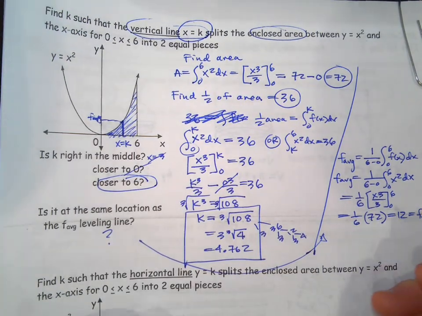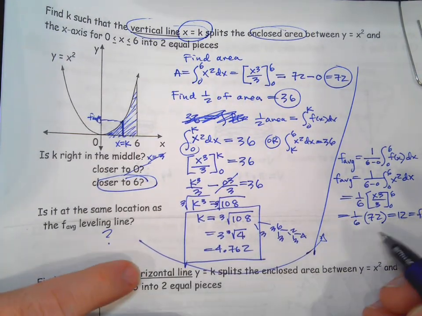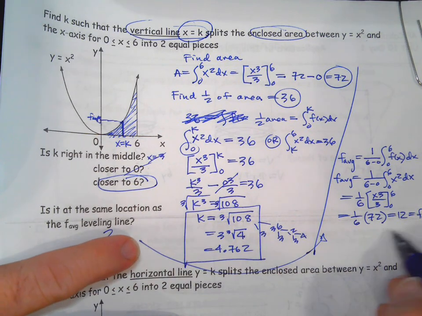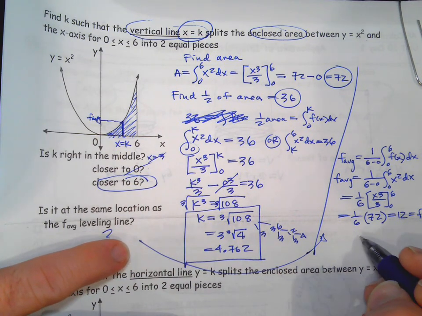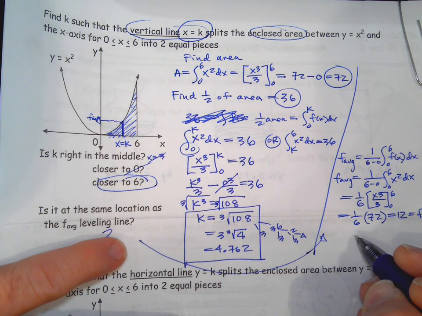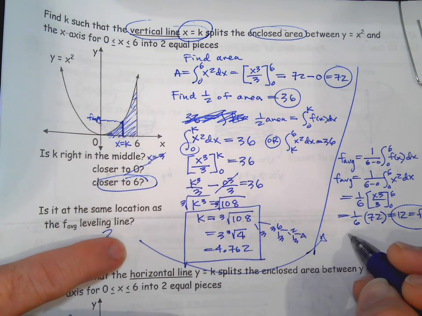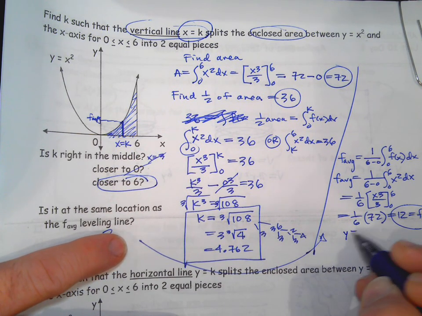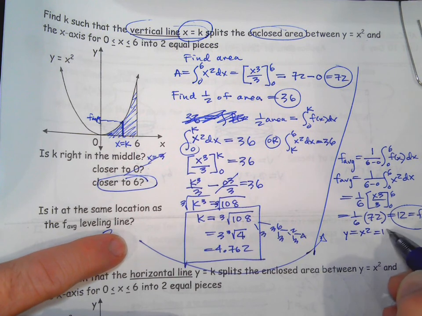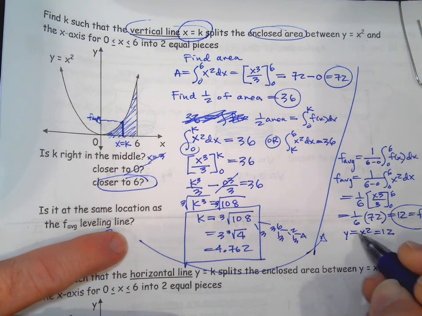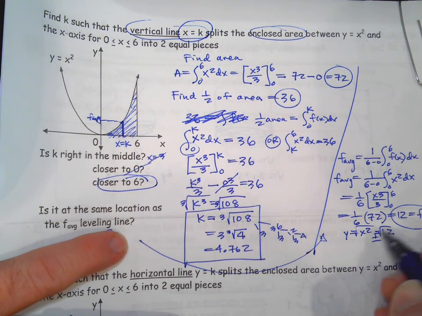So then to find the location of it, the c value or whatever, we would set it equal to the actual function. Say, okay, well, f average equals 12. So let's take the actual function, y equals x squared, set it equal to 12, and solve. You take the square root of both sides, plus or minus this time.